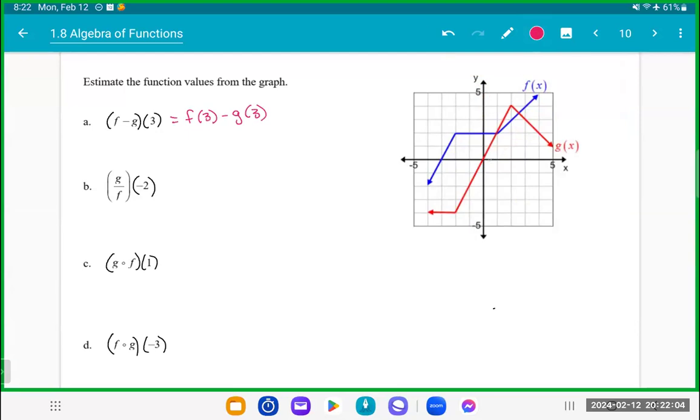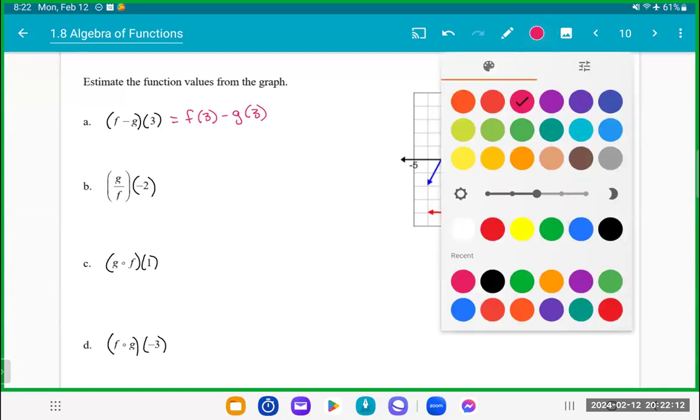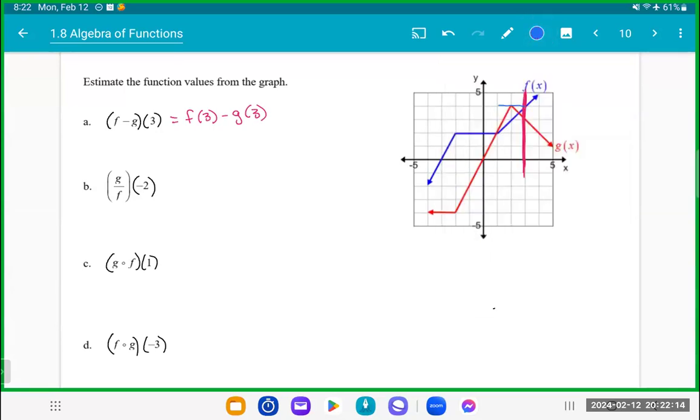If I go to x equal to 3, here's 1, 2, 3, so it's this line right here. At that, my blue function has a value of 4, minus my g at this point, which is 3. So 4 minus 3 is equal to 1.